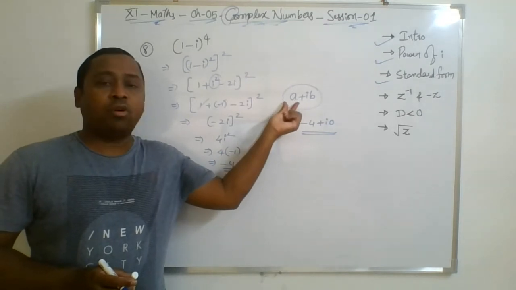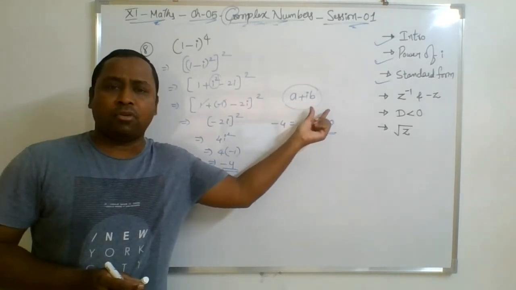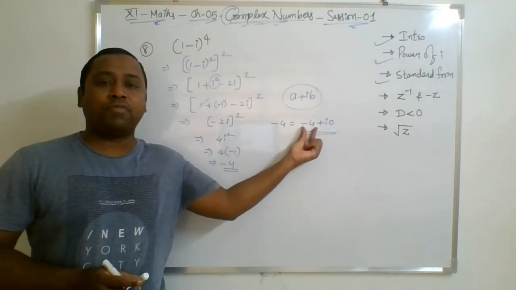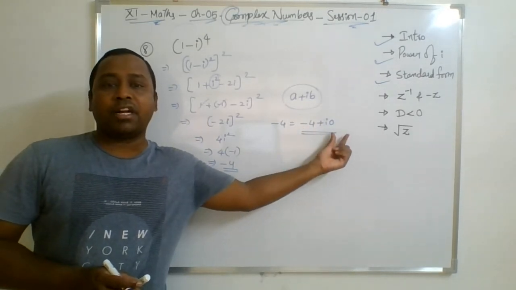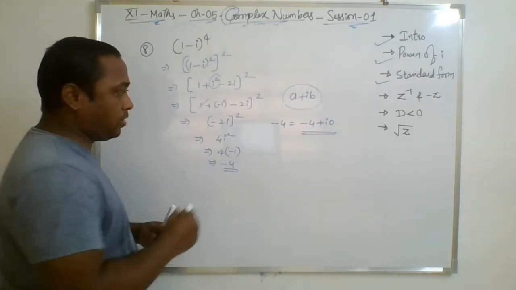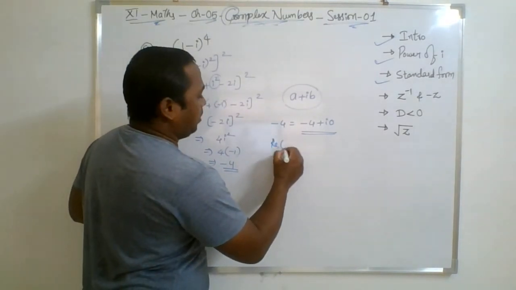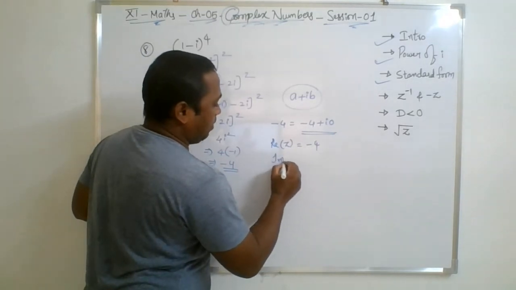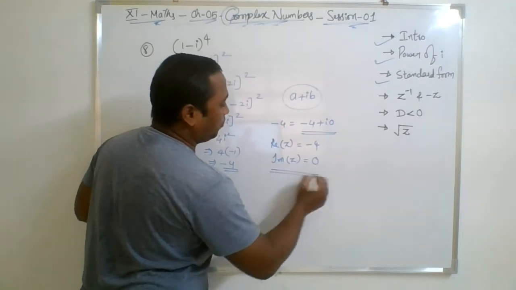So if a is not there, keep it as 0. If b is not there, keep it as 0. That's it. Over. So here the real part of the complex number is minus 4. Imaginary part of the complex number is 0. Over.